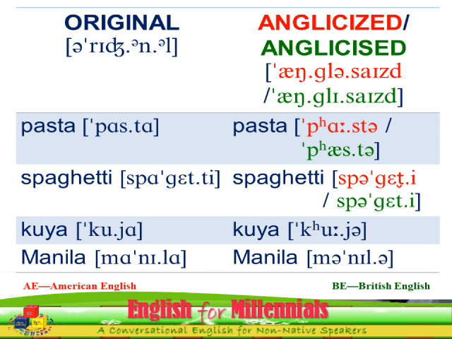Let's try the first word. Actually, it's Italian, and Italian people pronounce this as pasta. But the anglicized form is pasta. Pasta in American. Pasta in British.